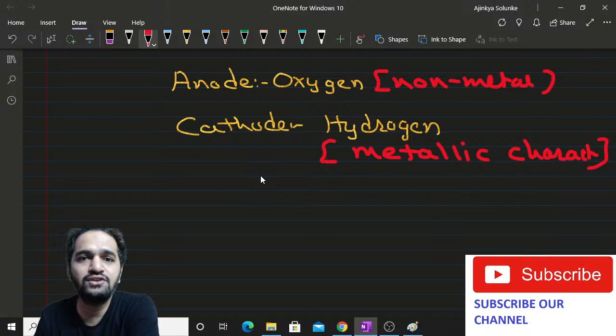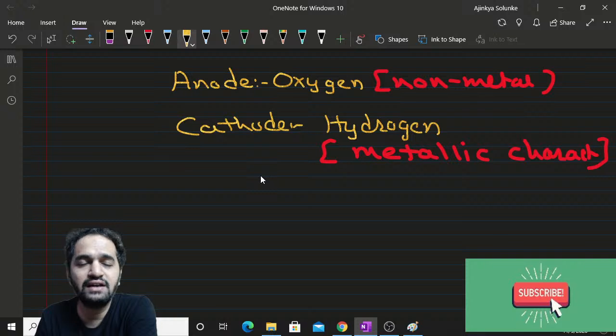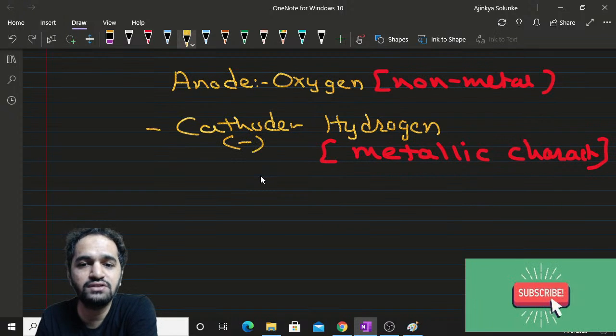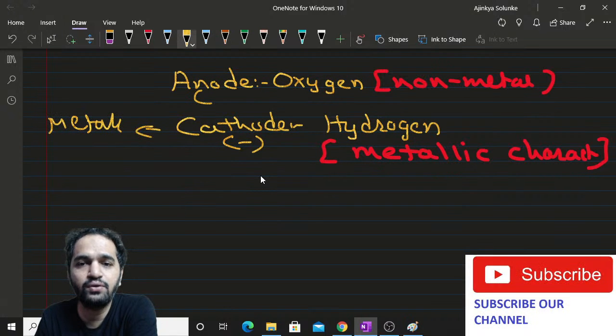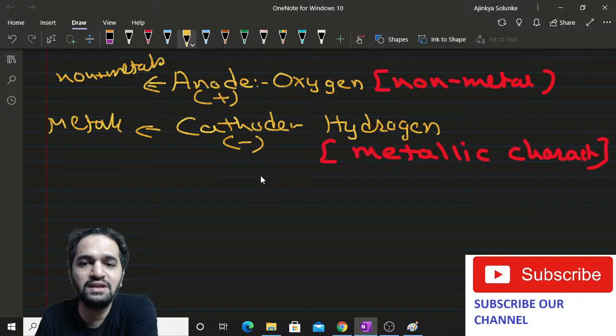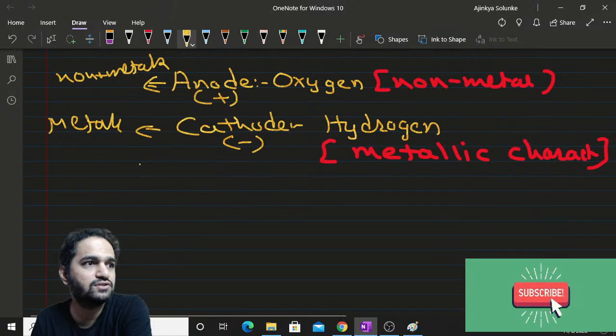That's why it is attracted to the cathode. That's why I told you, remember that metals are attracted towards the cathode because the cathode is negative and metals are positive. ठीक है? In the same way, anodes are positive and they will get what? Non-metals. This is the simplest trick you can use.